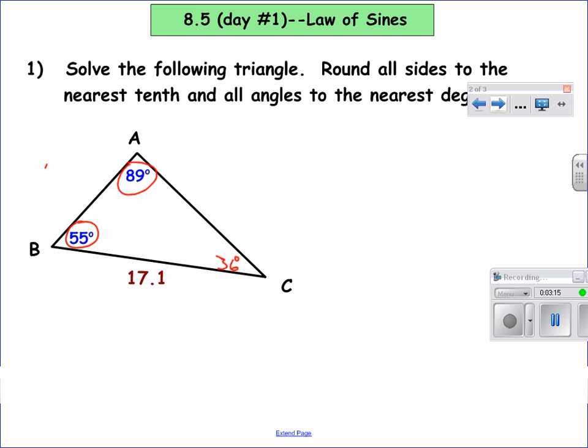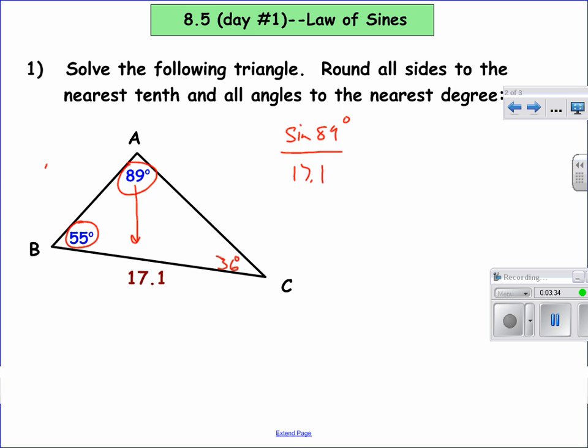All right. Now, we're to the nearest tenth. We're going to go ahead and start with these here and go the sine of 89 degrees over 17.1, its side across, is equal to, I don't know, let's pick a side here. C. Okay, so across from C is over here, little c is there.